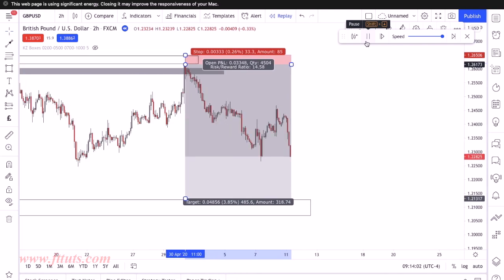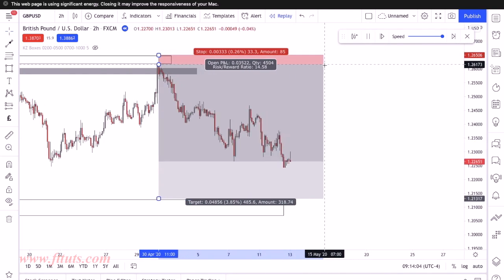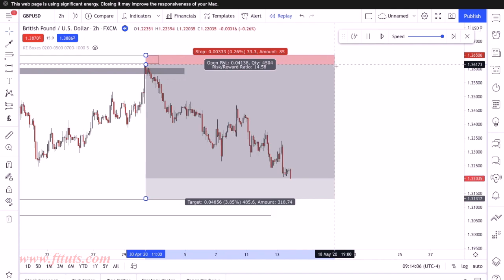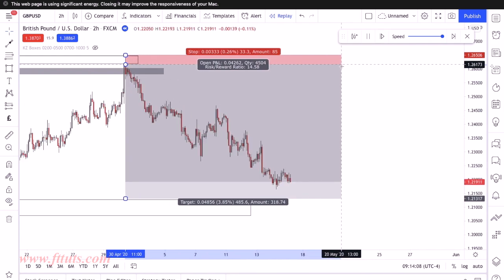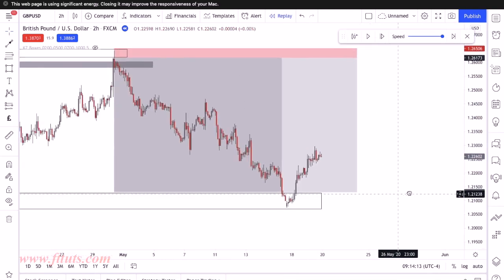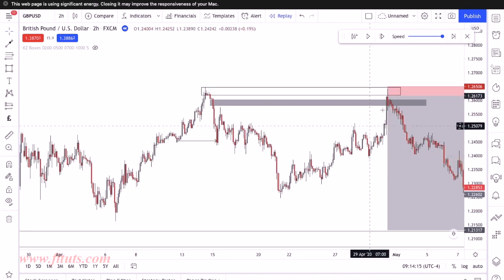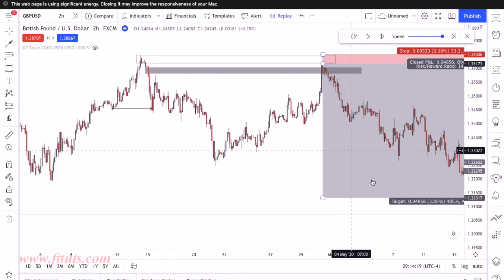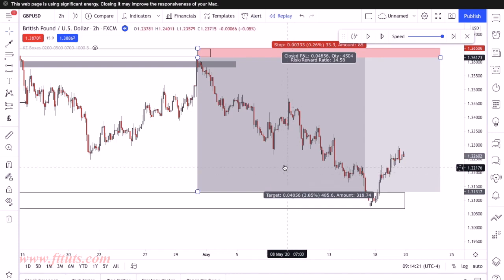Price moving over to the downside. There we go. And we hit our take profit. Price filled in that imbalance down here, mitigated our area of supply, filled in this imbalance, and then continued to move over to the downside. And we secured a nice 1 to 14.5.